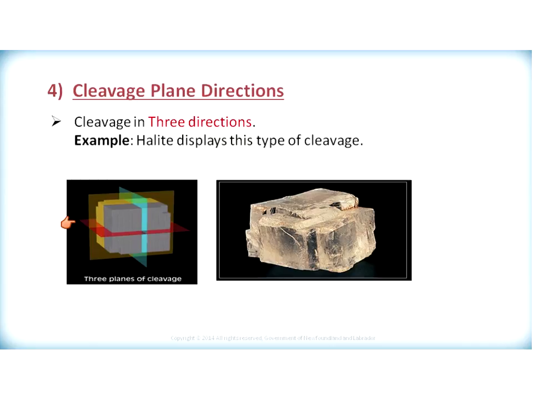A common example of a mineral that exhibits this cleavage is halite, which tends to split along smooth, flat, parallel surfaces, which are cleavage planes, in three different directions. Therefore, they form cubes. Halite, which is table salt, exhibits this type of cleavage.